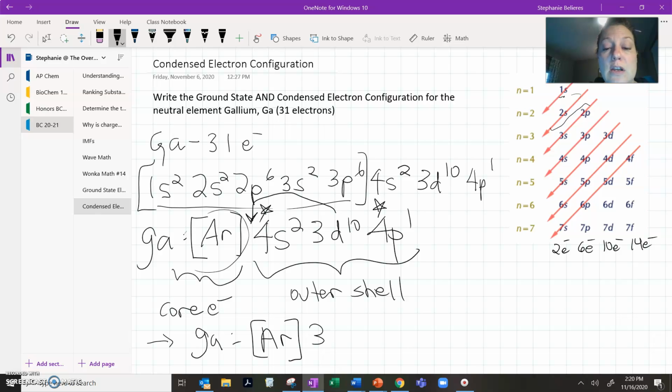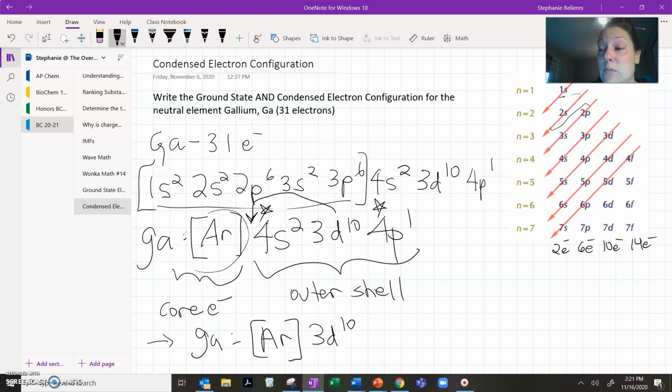I'm going to put that 3d first because those electrons, even though they have a little bit more energy than these 4s ones, and we know that because it fills afterwards, are actually closer to the nucleus. So they're moving a little bit faster, but they're closer to the nucleus. When we do chemistry on atoms of gallium, the ones that are going to leave are the 4s2, these 2 electrons here, and the 1 electron there.